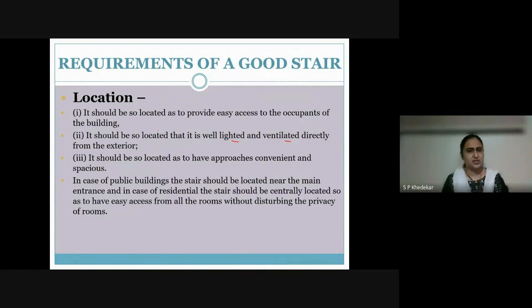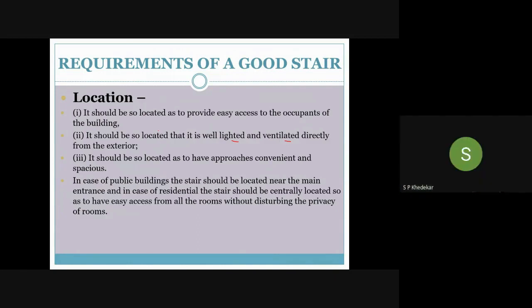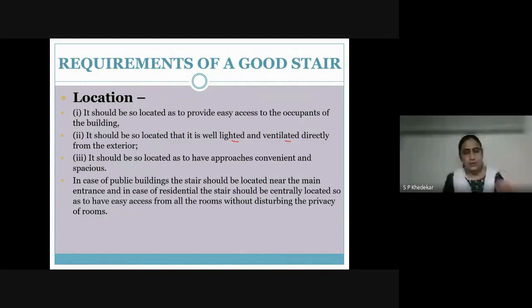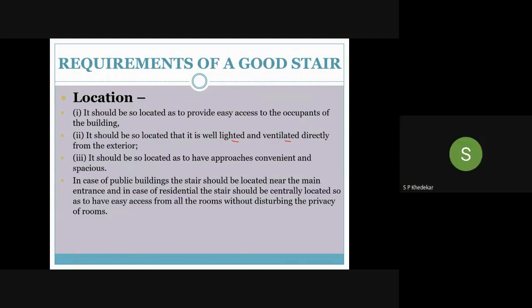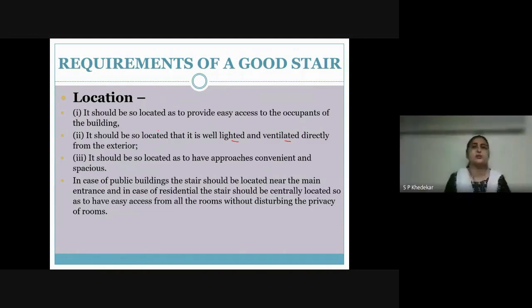Suppose a visitor has work on the first floor; it is not feasible for them to walk across the entire ground floor and then go to the first floor. If we locate the staircase near the entrance, they will go directly to the first floor without much disturbance to the people using the ground floor.